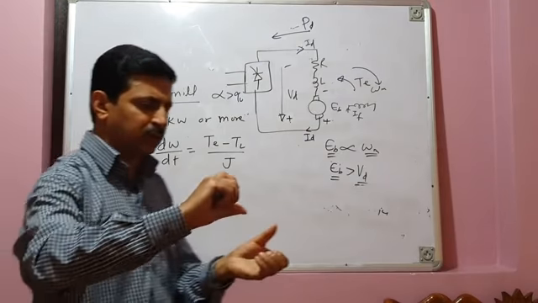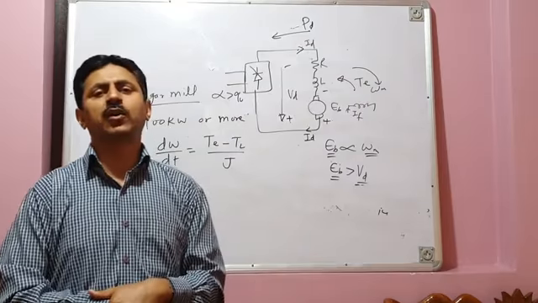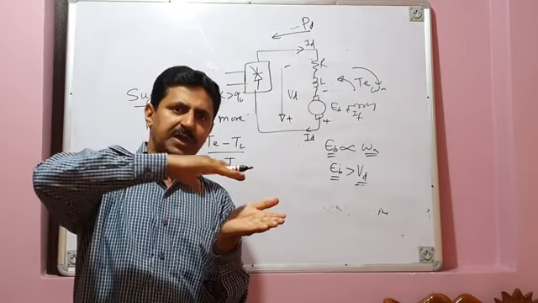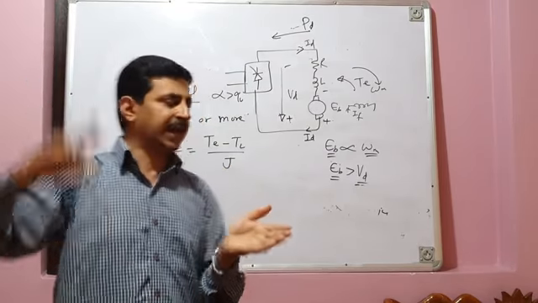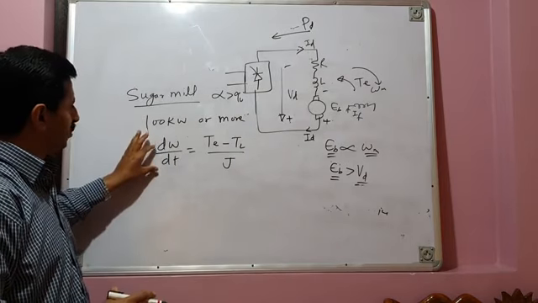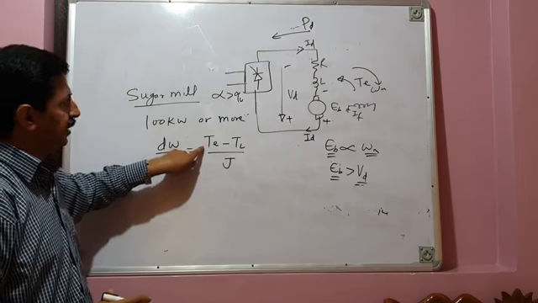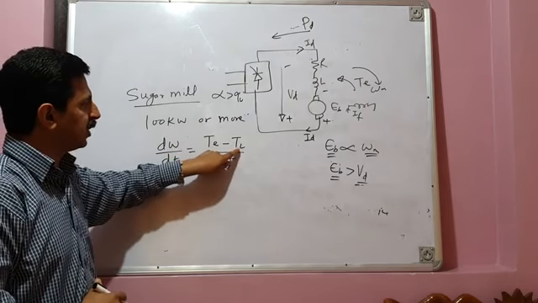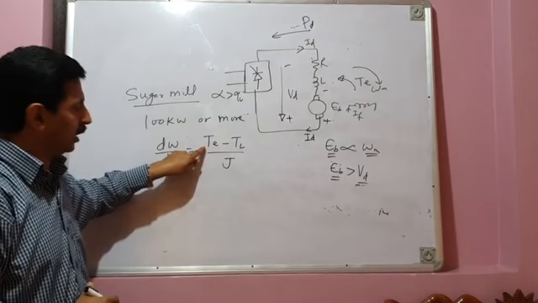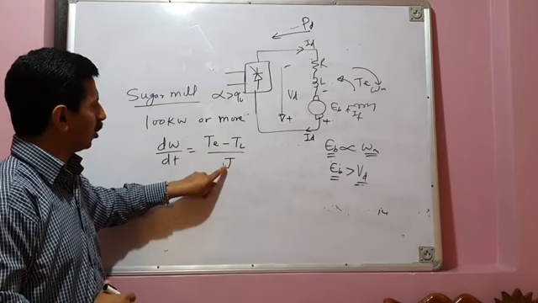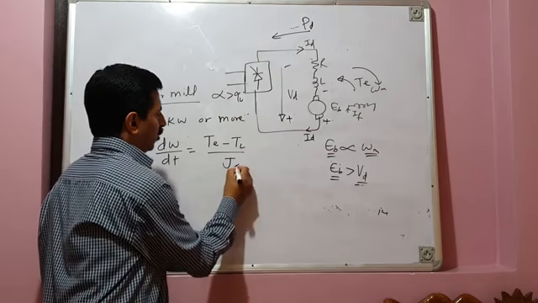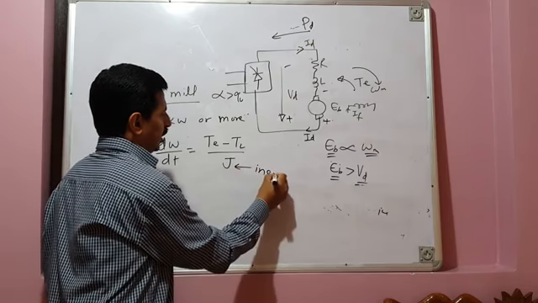When you turn the motor on, its speed slowly increases, and the rate at which the speed increases, d omega by dt, is given by this equation. TL is the load torque, T is the electromagnetic torque, and J is the inertia constant.